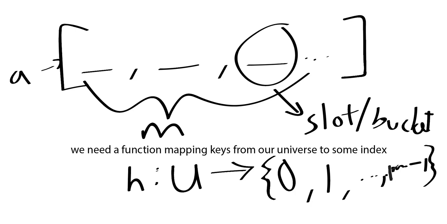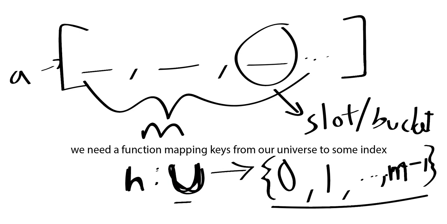Hopefully you can see this is an m. So this is all the indices we can have. This is a universe of all keys, and this is the function that maps our universe to this set. Okay, so that's what the hash function signature is.